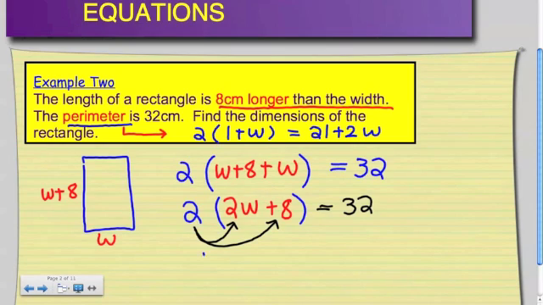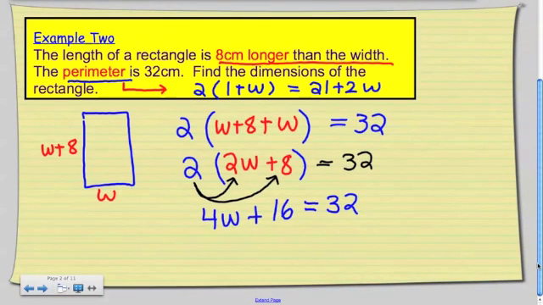So we get 2 times 2W is 4W. 2 times 8 is 16. So 4W plus 16 is going to be equal to 32. 4W is equal to 32 minus 16.